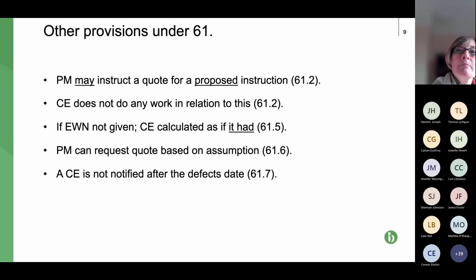So without any assumptions, in some cases, the quote may end up a ridiculously huge figure. So if the CE was something related to ground conditions, the PM might want to put in an assumption that the ground conditions are, say, sand, or something that would make the work relatively less expensive and easier.